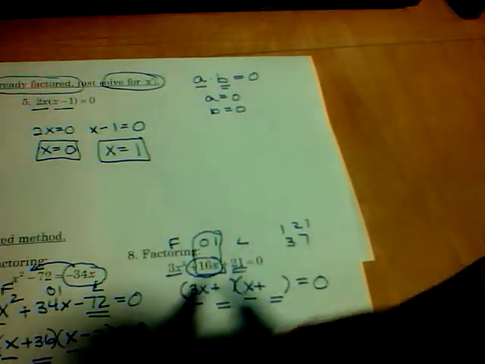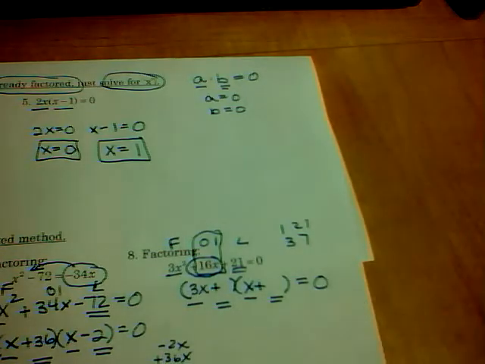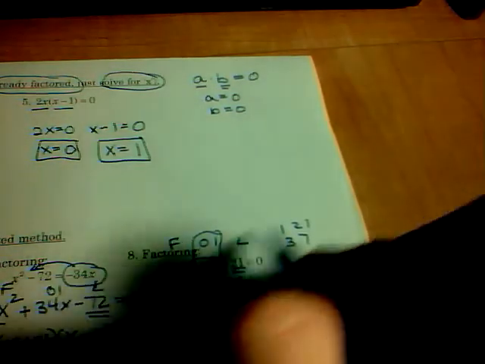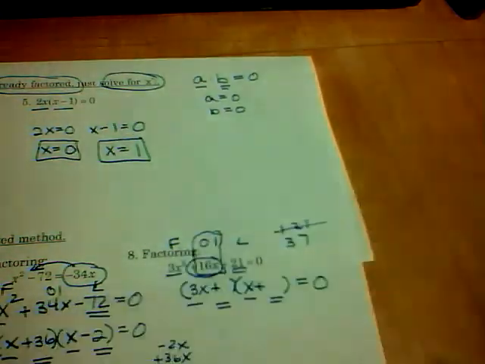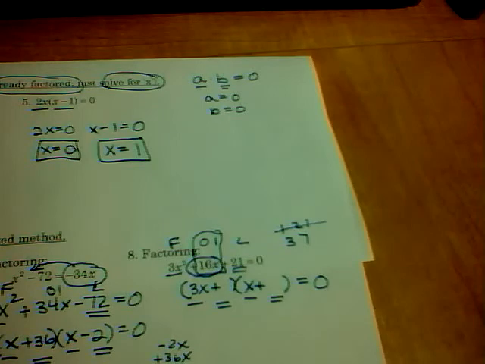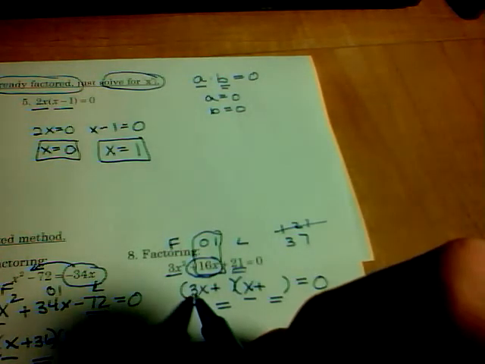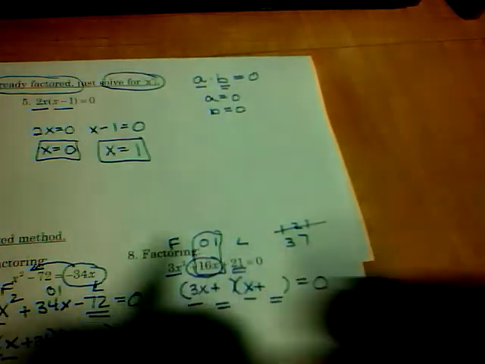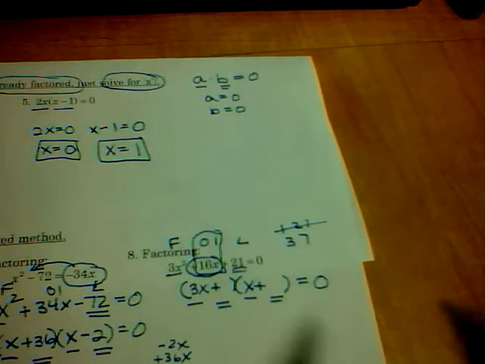So if you try multiplying 3 times this 1, you get 3. 3 and 21 add up to 24. That doesn't look like that's going to work. And obviously if you multiply 3 times 21, that's going to be a very large number. Doesn't look like that one's going to work. So let's try multiplying the second set by 3. If we do 3 times 3, we get 9. 9 and 7 does get us 16. So it looks like that's the option we're going to need to use.